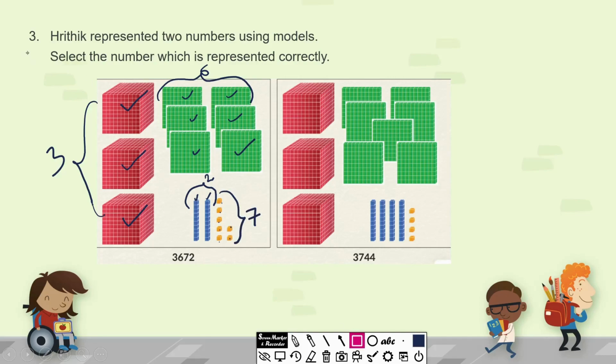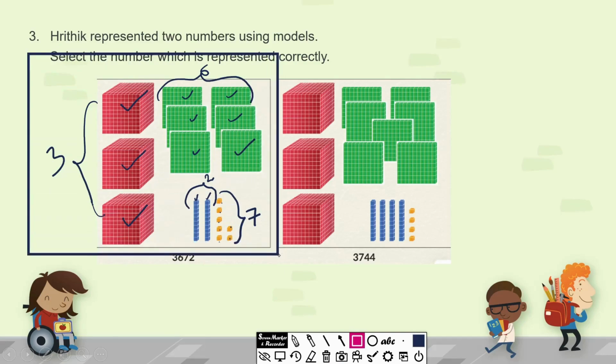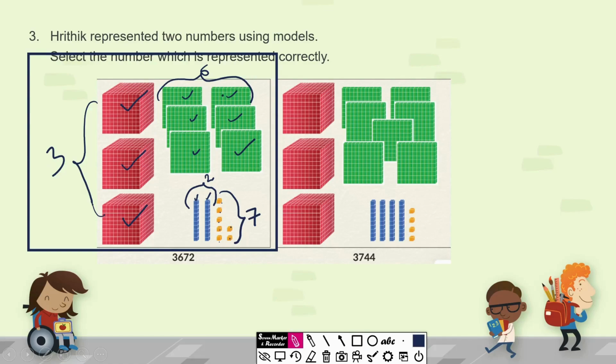So the number written using this model is 3,627. Let's check if it is written over here or not.